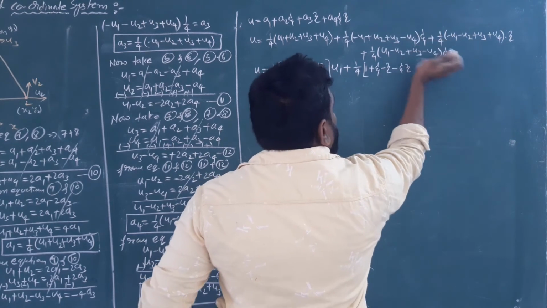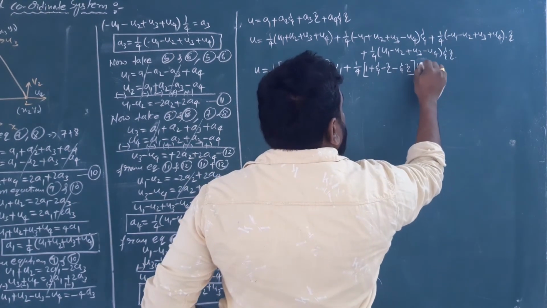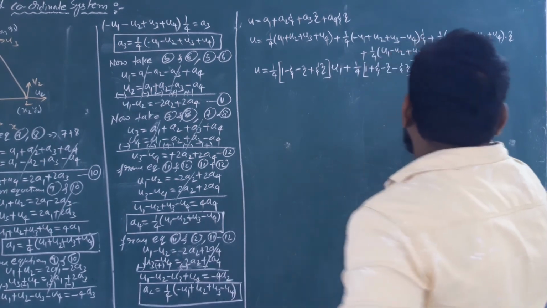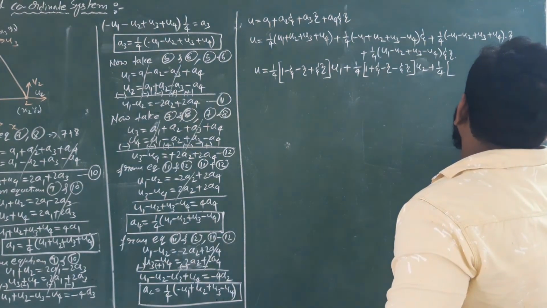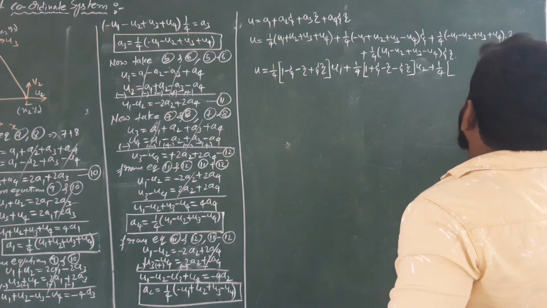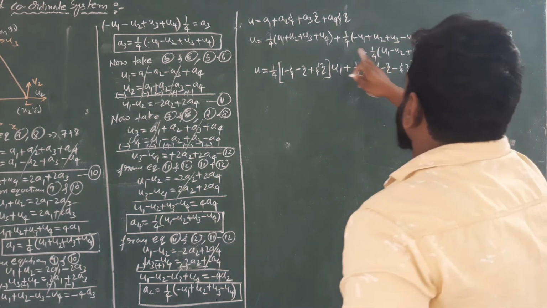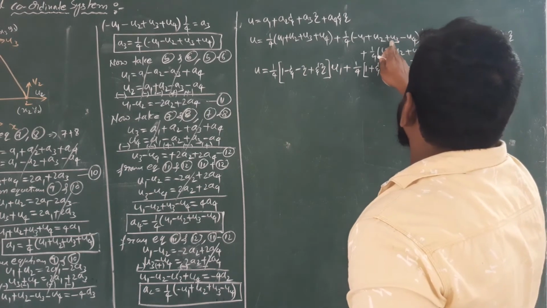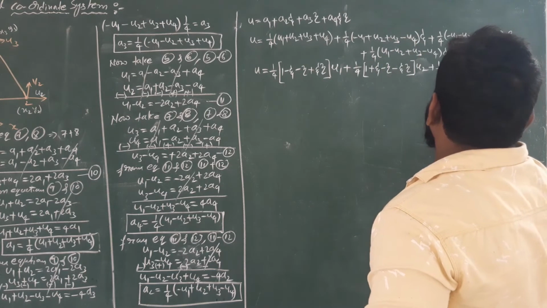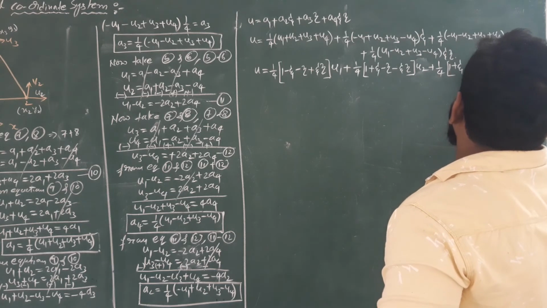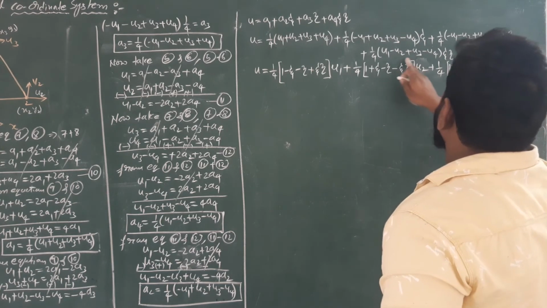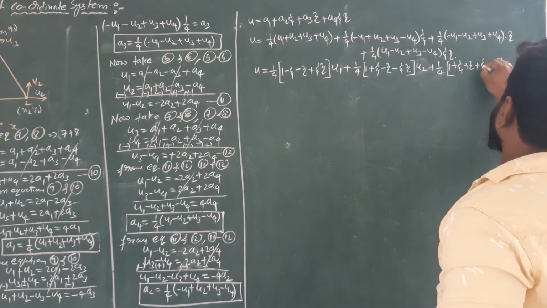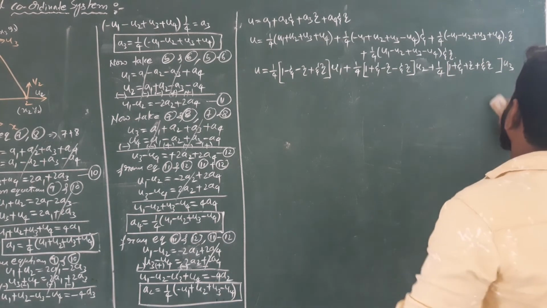This is the value of u2. Now plus 1 by 4, take outside u3. Here u3 is 1, here u3 is plus j, here u3 is plus eta, here u3 is plus j and eta. We got it like this.